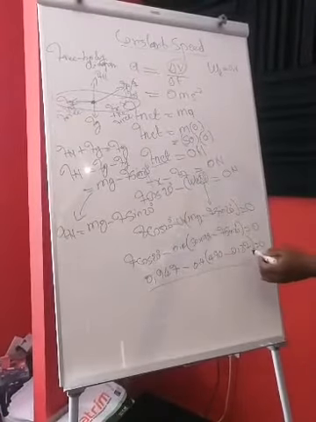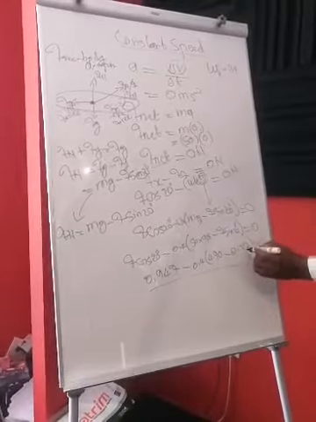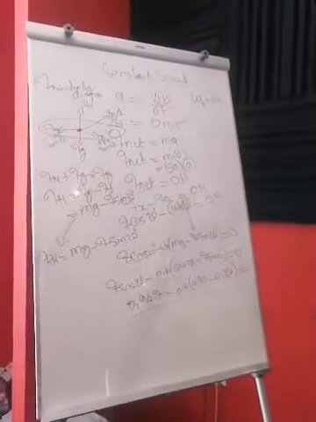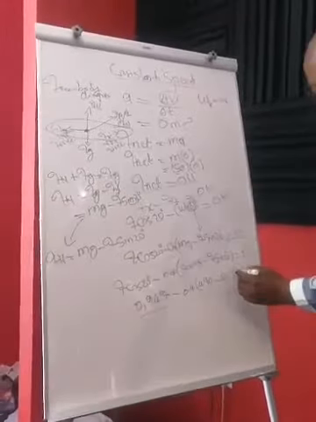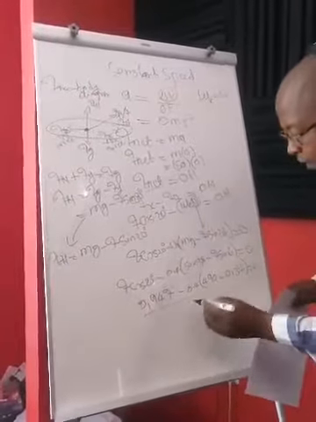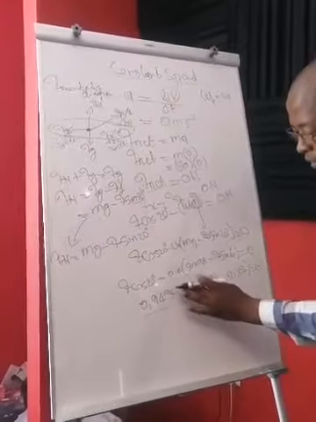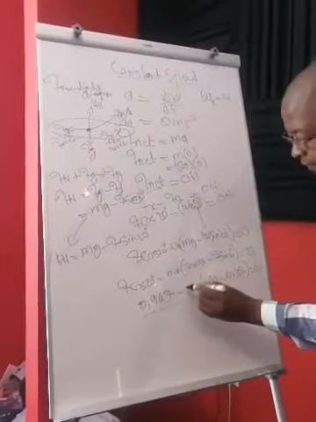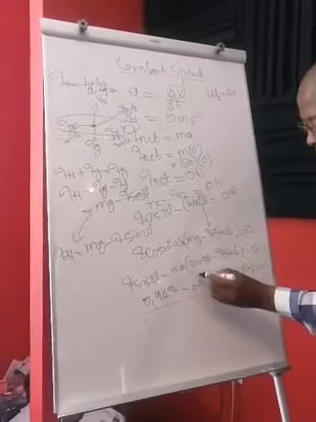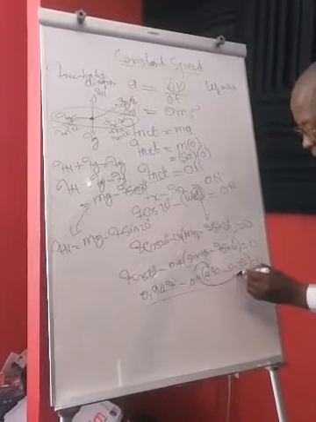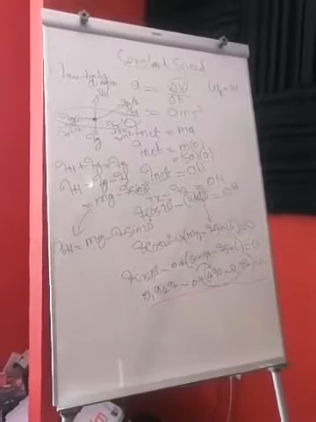Then we are going to make that force the subject of the formula. By making this the subject of the formula, you multiply the 0,4 to open this bracket, and then multiply it with that.